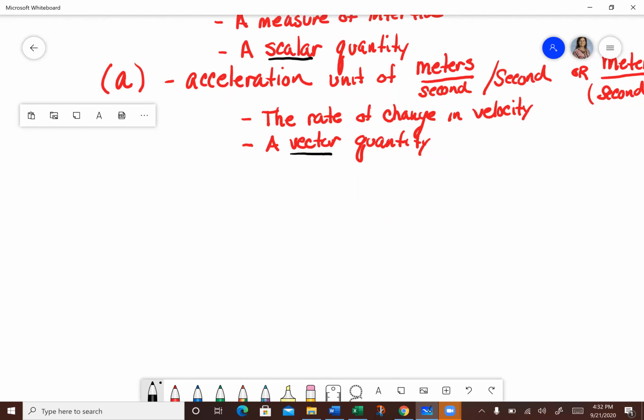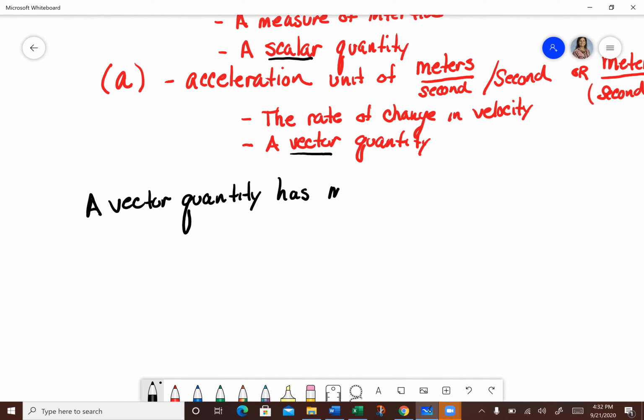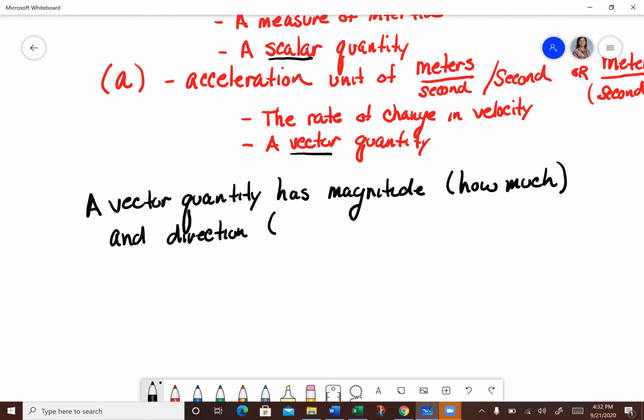So a vector quantity has magnitude, which is how much, and direction, which is which way.